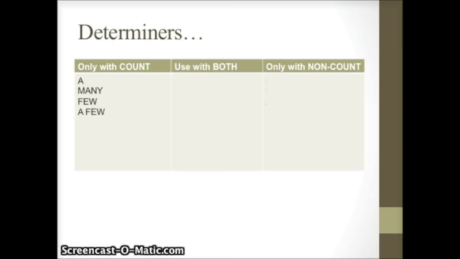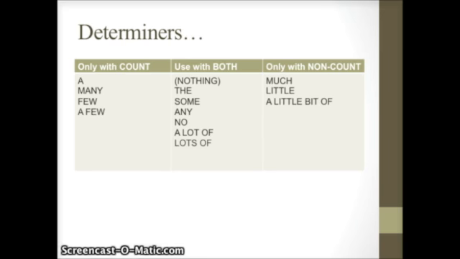And then with the non-count: much, little, a little bit of. And then with both of them you can have nothing in front, the, some, any, no, a lot of, lots of, enough, and plenty of.